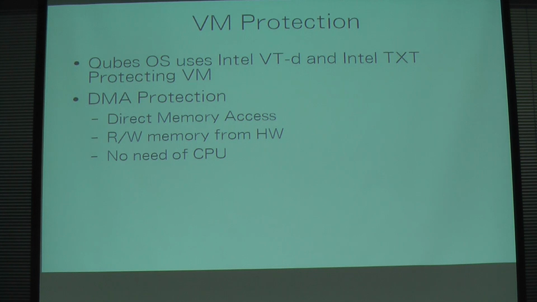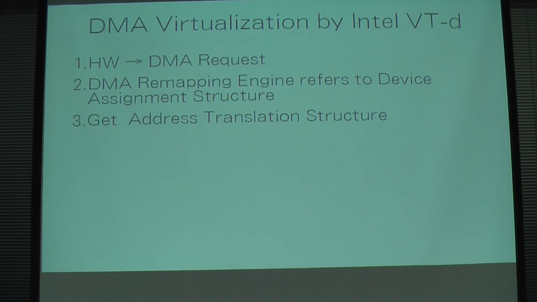Qubes OS uses Intel VT-d and Intel TXT to protect VMs. Intel VT-d provides DMA protection and can set VM protection. DMA is direct memory access, reading or writing memory from hardware, so DMA does not need the CPU. So how can we protect a VM from DMA? Intel VT-d can virtualize DMA.